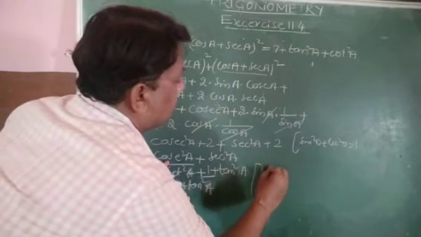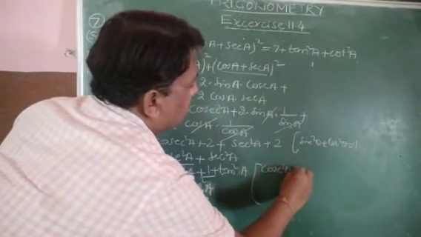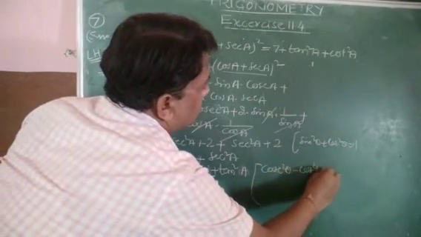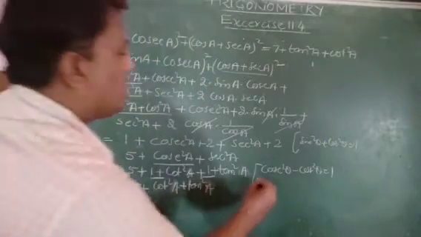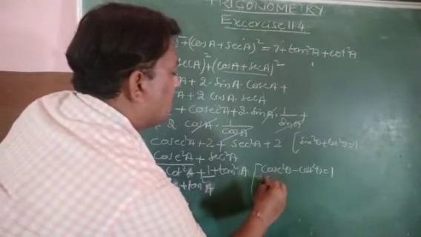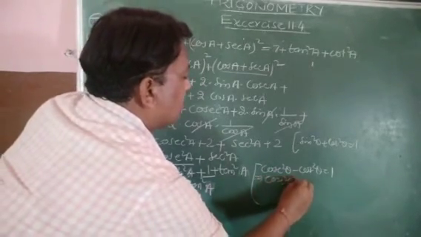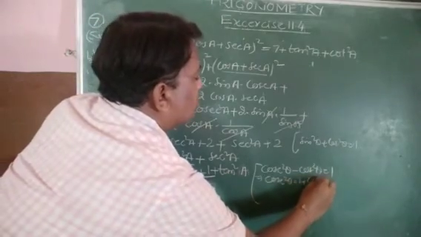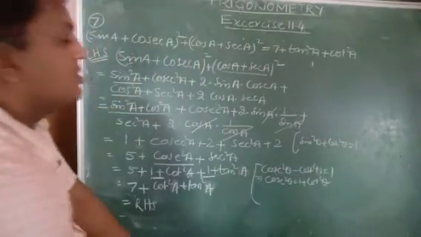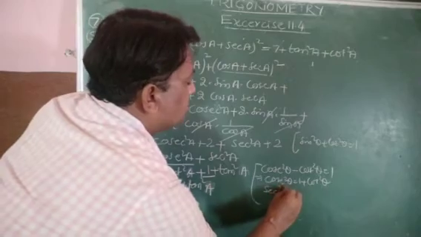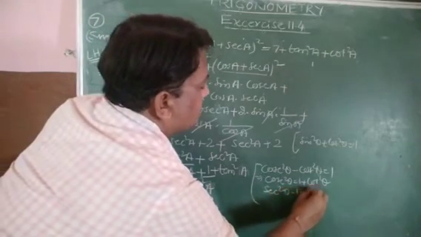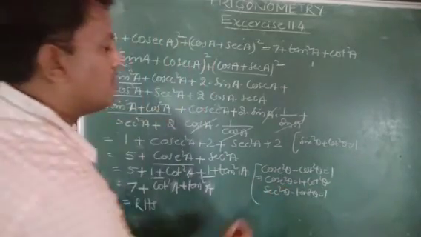Cosec square theta minus cot square theta is equal to 1. This implies cosec square theta is equal to 1 plus cot square theta. Similarly, what you use: sec square theta minus tan square theta is equal to 1.